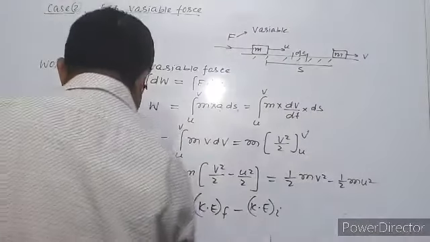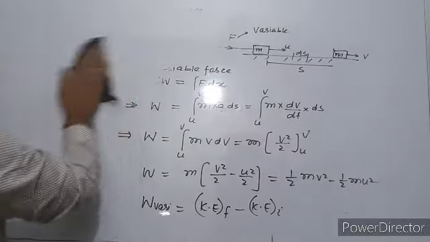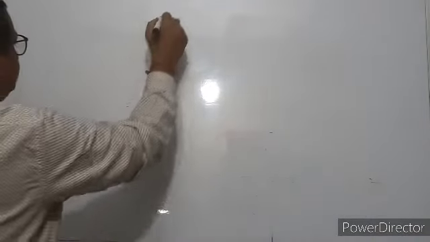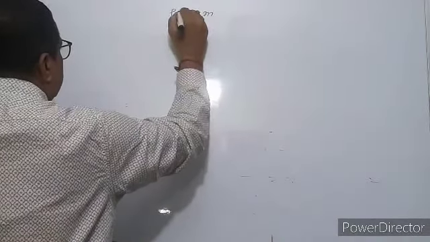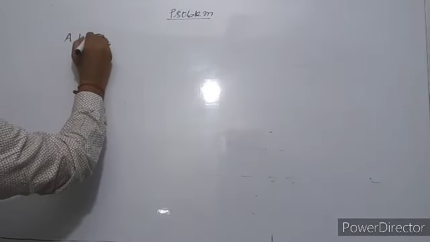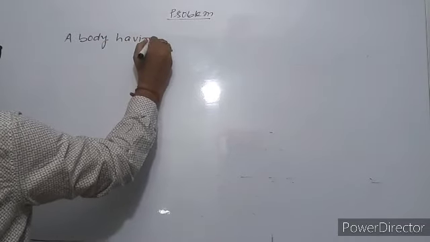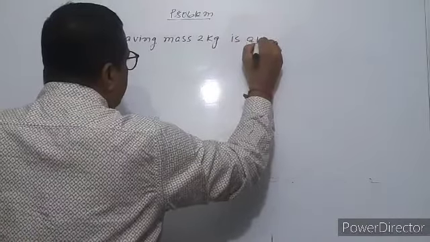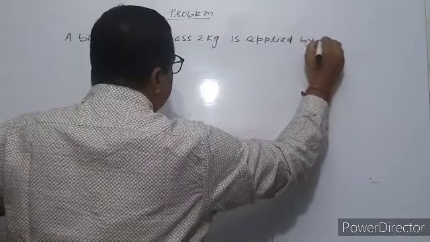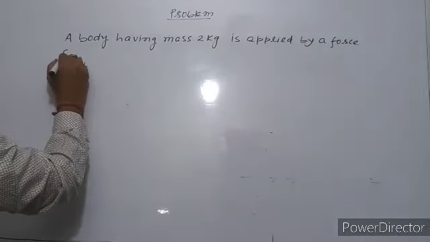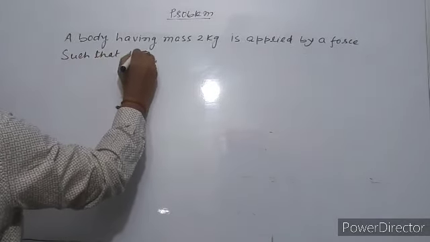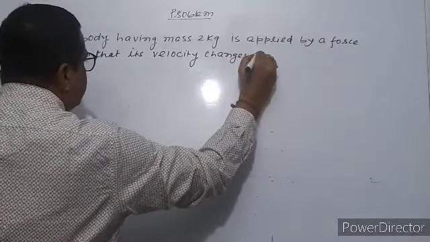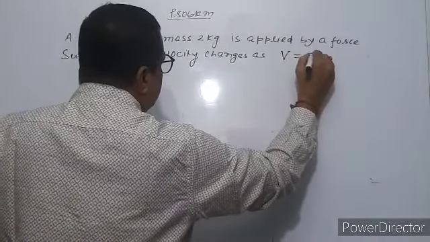Now see one problem related to this topic. Problem: a body having mass 2 kg is acted on by a force such that its velocity changes as v equal to 2t square.